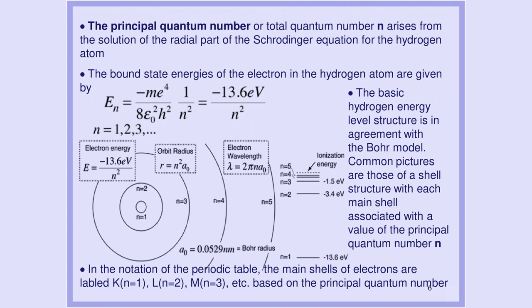The bound state energies of the electron in the hydrogen atom are given by the equation shown at this slide. The basic hydrogen energy level structure is in agreement with the Bohr model.